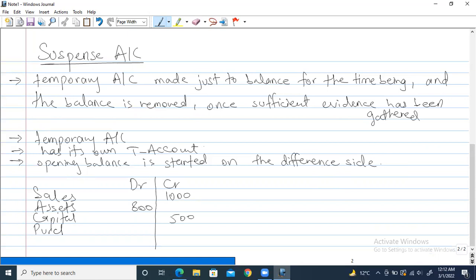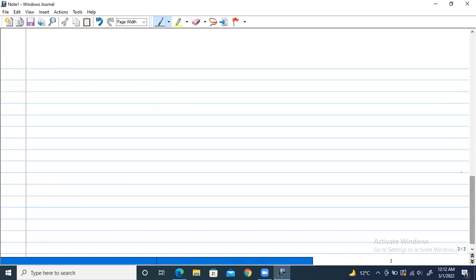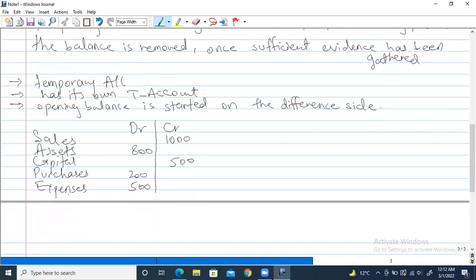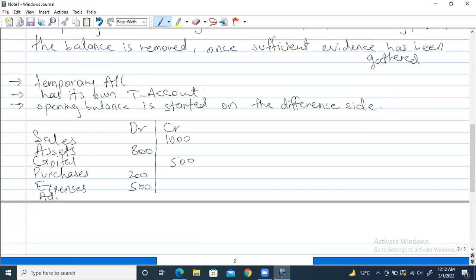Purchases 200, and expenses, let's say they are also 500. And one more thing, let's say there were admin costs of 200, right?